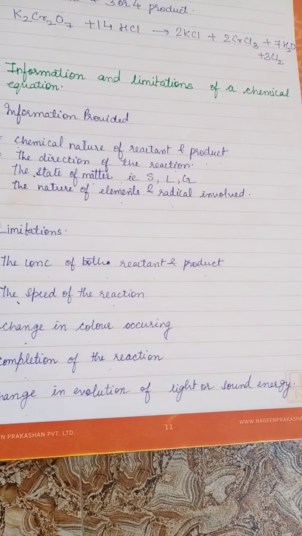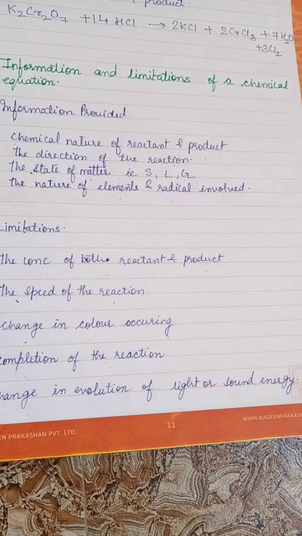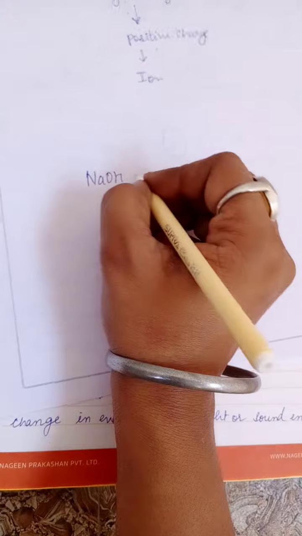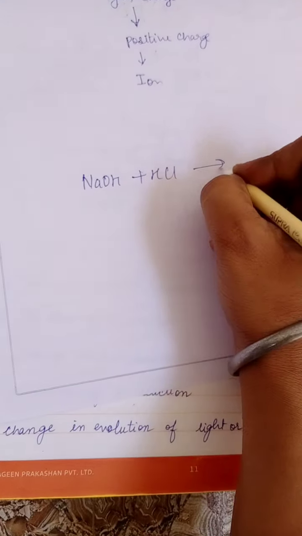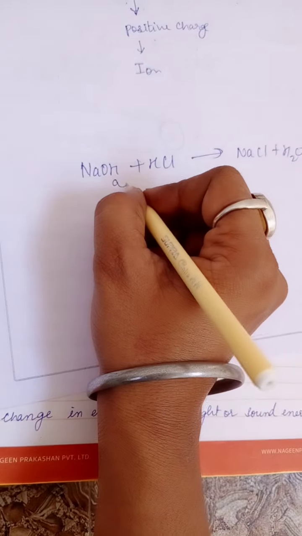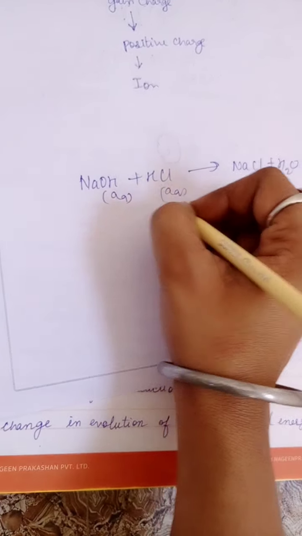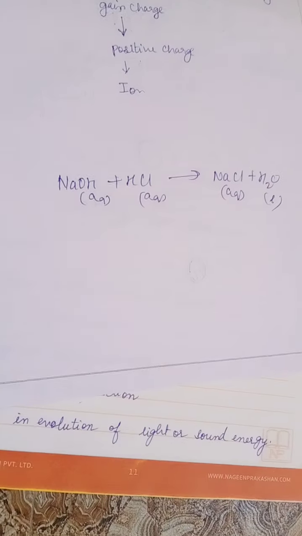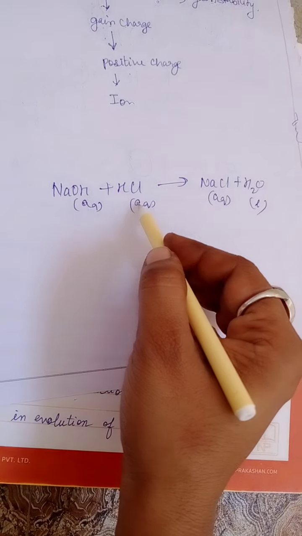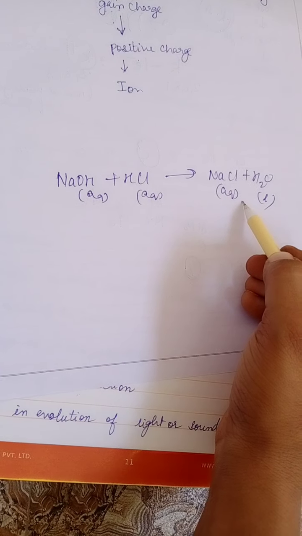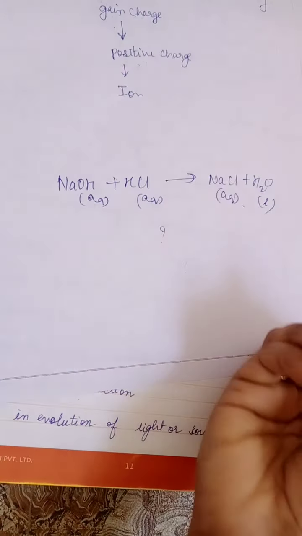Suppose you look at a chemical equation as I am giving here, NaOH and HCl gives me NaCl plus H2O. I have mentioned here aqueous and liquid. But can you tell me whether all NaOH has reacted with HCl to give me salt and water? Again that is a question mark.